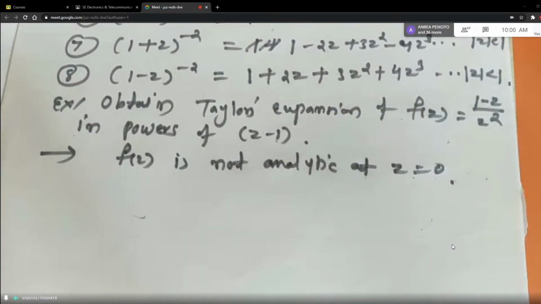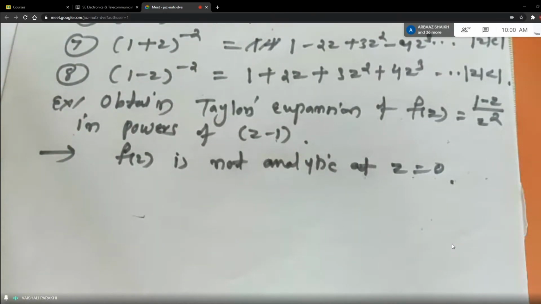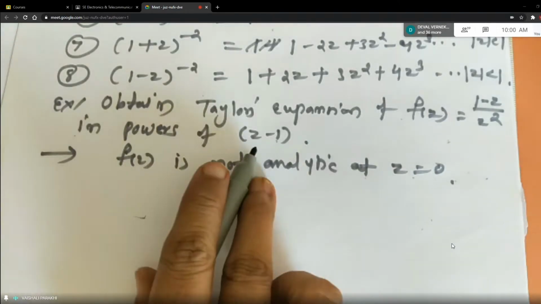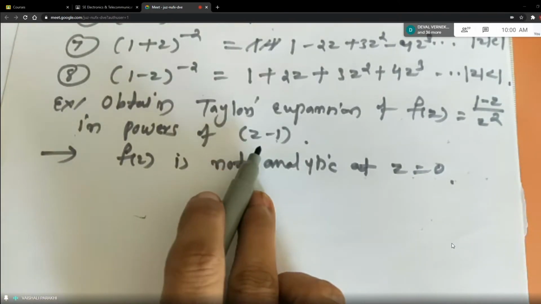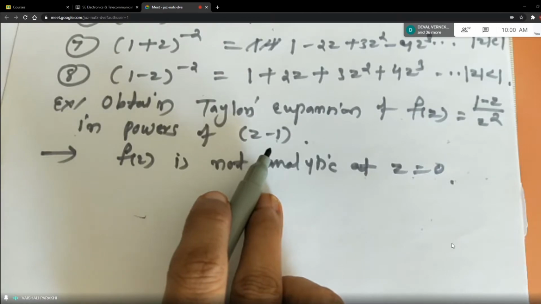Last time I gave you practice of writing the points in terms of x and y. So we consider the region. Which region we are going to consider? Now you have to find out the Taylor series expansion in the powers of z minus 1, right?